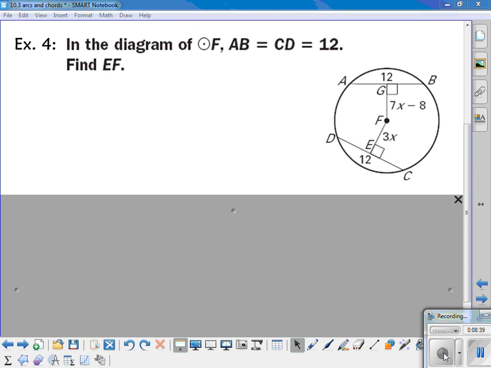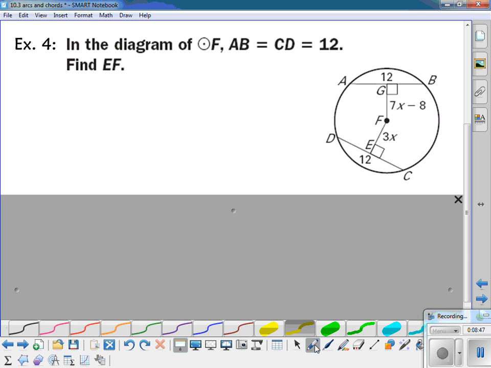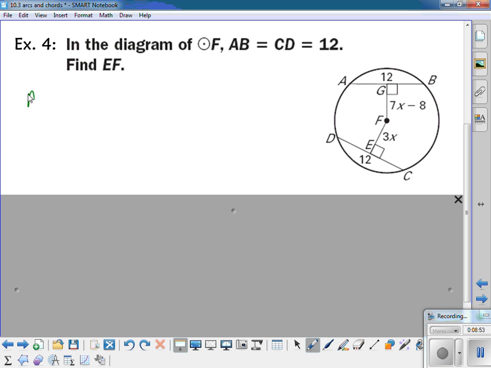All right, in this next example, in the diagram of circle F, AB and CD are equal to each other. They both equal 12. And so I want to find EF. So because the chords are congruent, I know that AB and CD must be equidistant from the center.